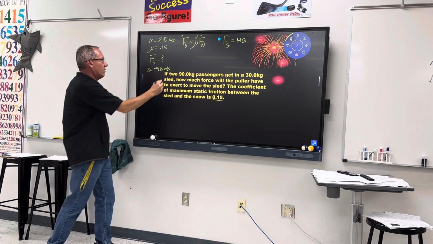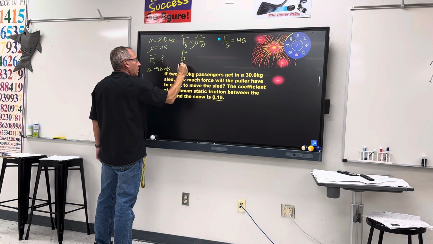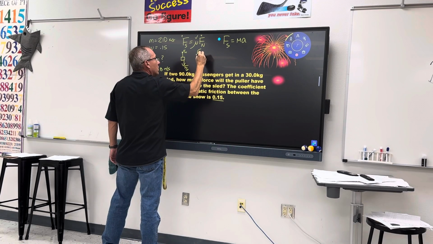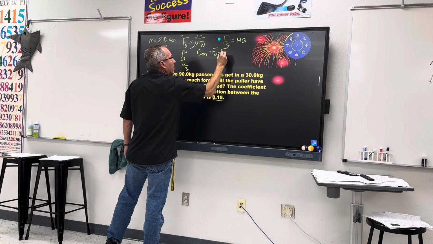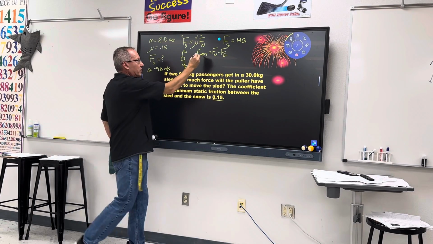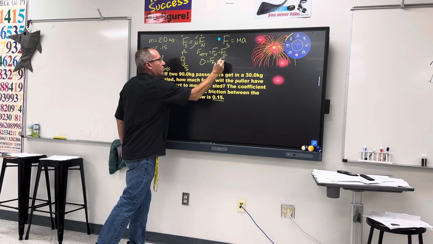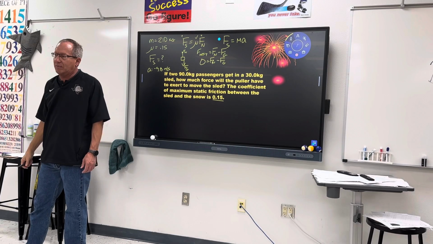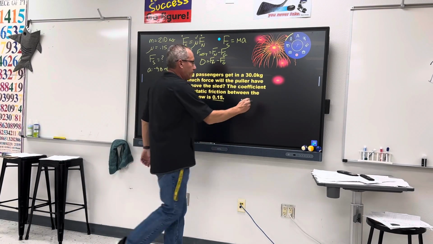Do I have the ability to find the normal force? Sure I do, because if I'm running a free body diagram on this, I've got the normal force up here and the force of gravity down here. The F net along the Y will equal my normal force minus my force of gravity. This is balanced, so 0 equals my normal force minus my force of gravity. If I find the force of gravity, I get the normal force, just opposite direction. How am I going to find the force of gravity?